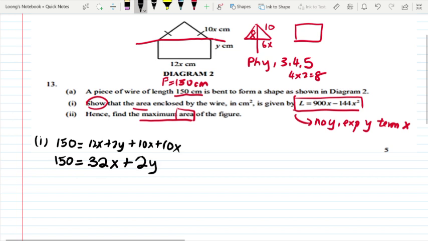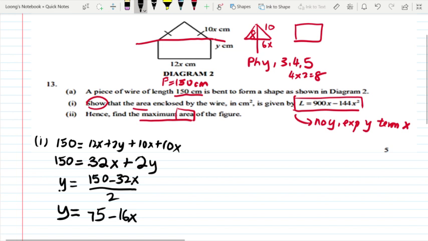Then we simplify it into y equals 150 minus 32x divided by 2, and the final answer for y is 75 minus 16x.